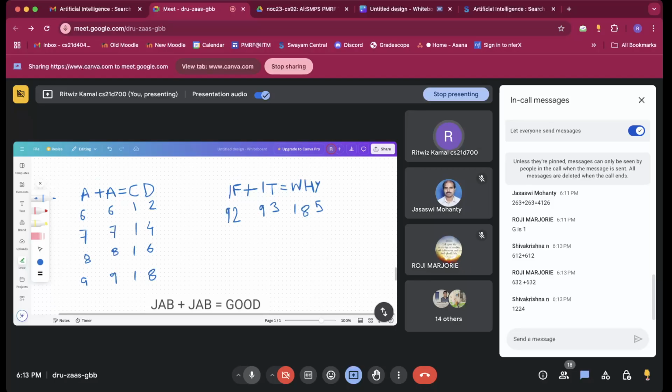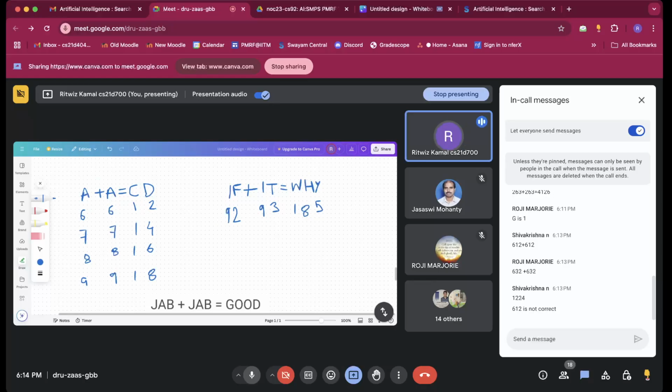Okay, so we have a couple more solutions in the chat box, but let's discuss those one by one. One of them is 612 plus 612, right? While it seems to work, you have to be careful because you are assigning the letter A the number 1, and then you are also assigning the letter G the number 1, right?